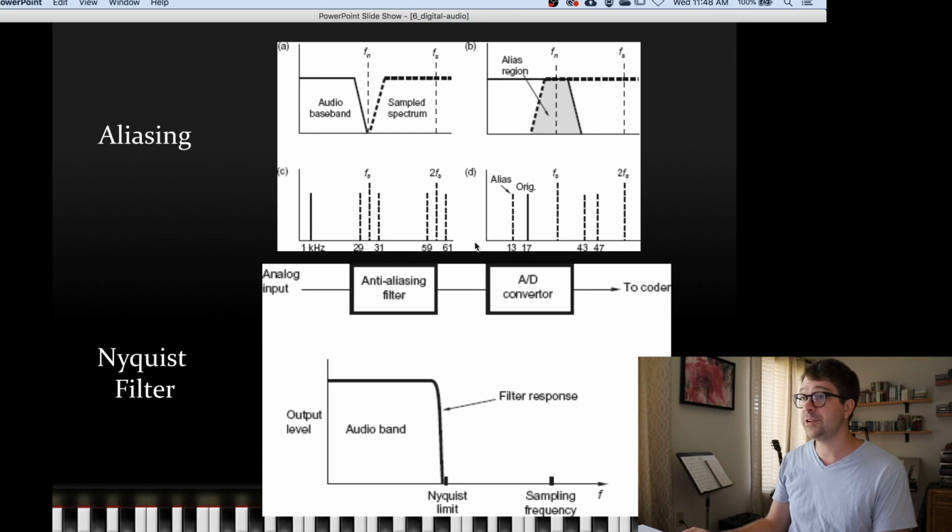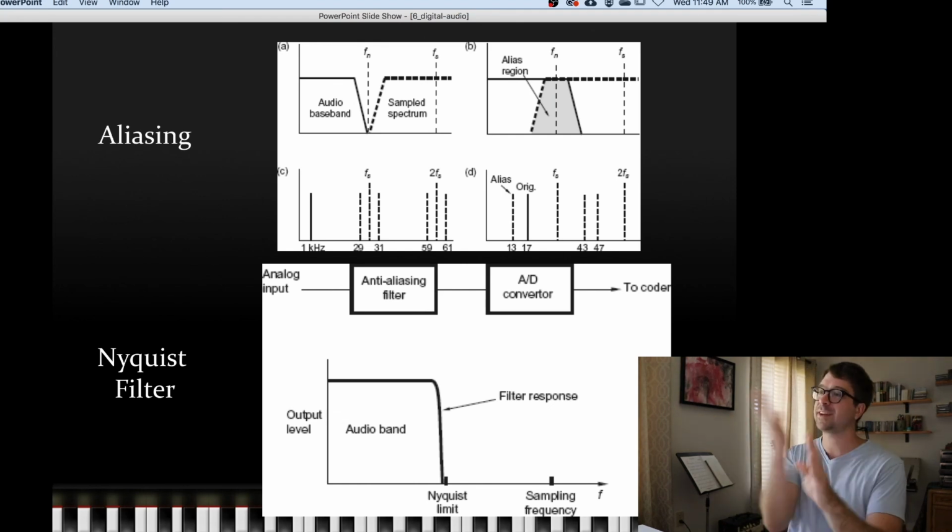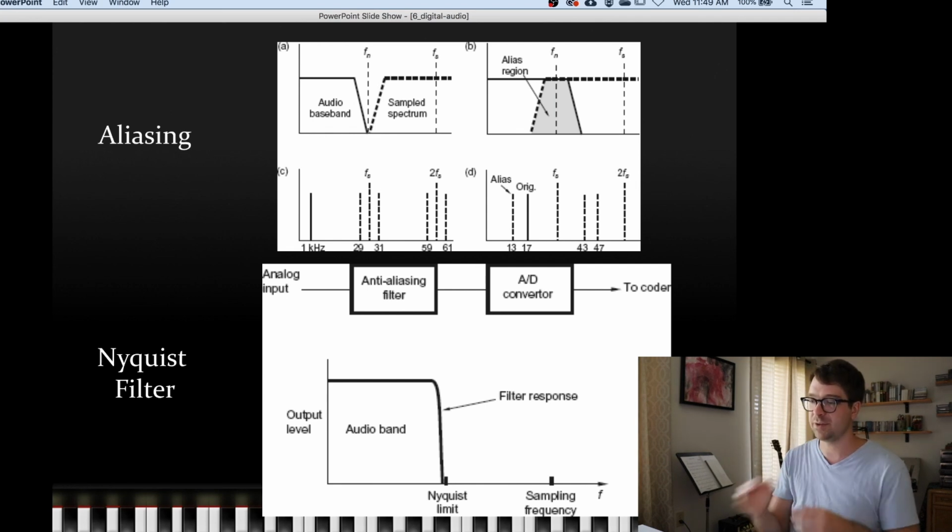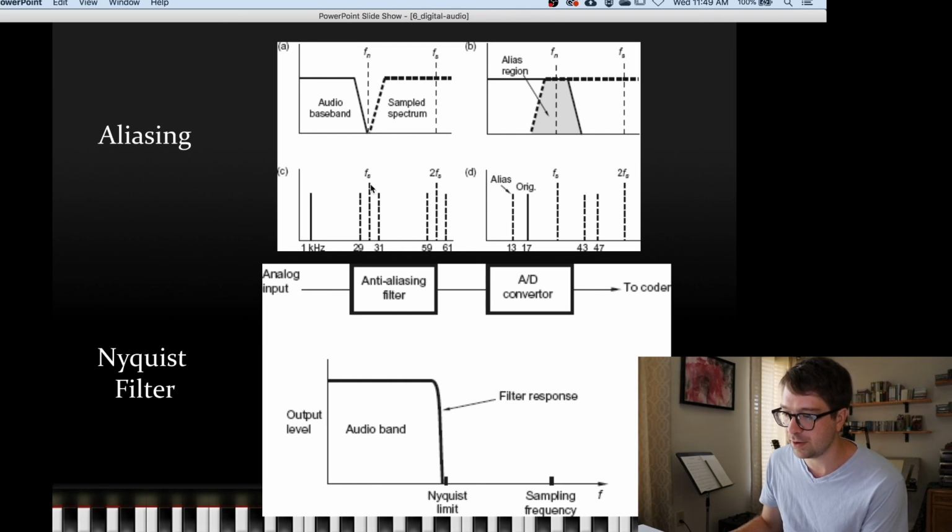And this is what we do. We have what's called a Nyquist filter as well. That's because if you don't measure high enough, frequencies will actually reflect down and make kind of ghost sounds that shouldn't be there. Look right here. Here's our sample rate, and here's 2 times our sample rate.